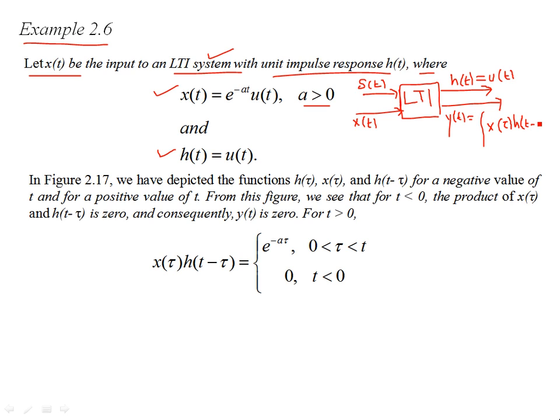You see the integrand is the multiplication of the two signals x(tau) and h(t minus tau). h(t minus tau) is basically the time shifted and flipped version of the impulse response, and the area under this integrand is the convolution integral. So in general, this is from minus infinity to plus infinity.